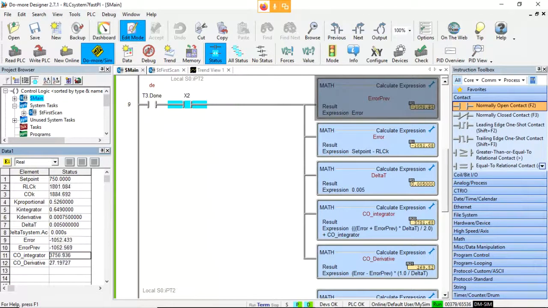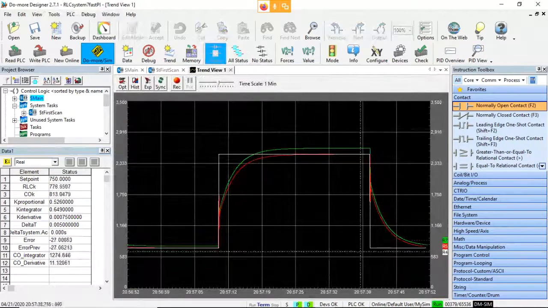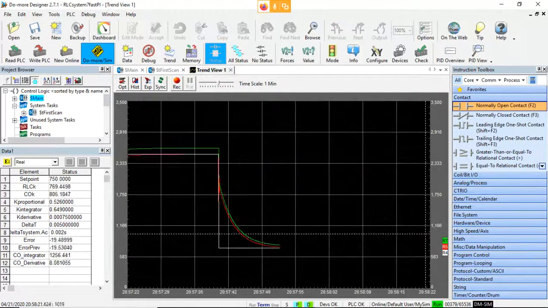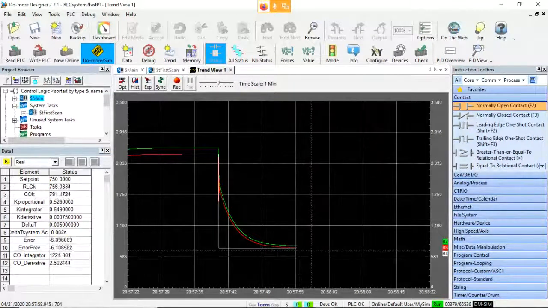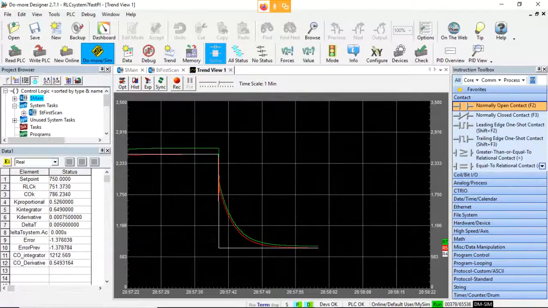And then the derivative piece, you can see the derivative piece here. When we first make the change, flip back to the trend here and we'll watch when it jumps, okay, it's going to jump here in just a little bit, and when it jumps, you're going to see a high gain.